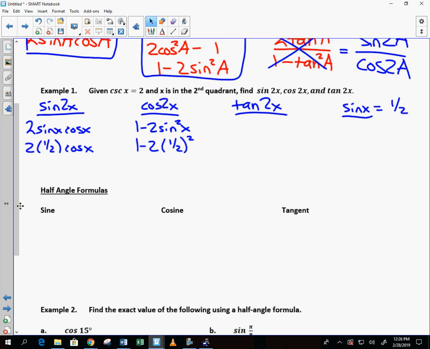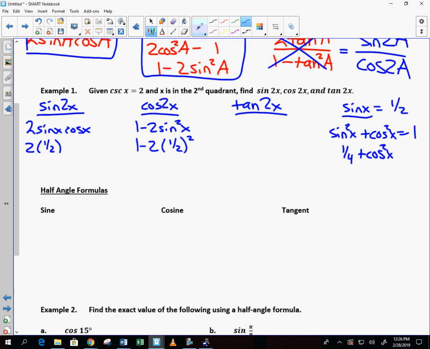Well, I just need to figure out what cosine is, right? Well, what is cosine? You've done it before. You tested on it 5.1, 5.2. You were actually really good at it. Sine squared plus cosine squared is equal to 1. I put the 1/2 in and I square it. What do you get? 1/2 times a half, 1/4, plus cosine squared of x equal to 4/4.